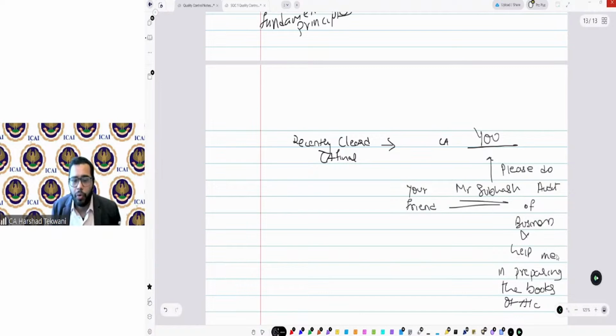Negligent people will say, I can do audit and prepare books of account because in practicality things are different compared to what you are taught for the exams. It is not the case. The code of ethics which is being taught right now is applicable after the exam also, once you become CA. The Chartered Accountants Act which you are taught right now is also applicable once you become a CA. It is not that we are teaching you something and after the exam, once you become CA, things change totally.